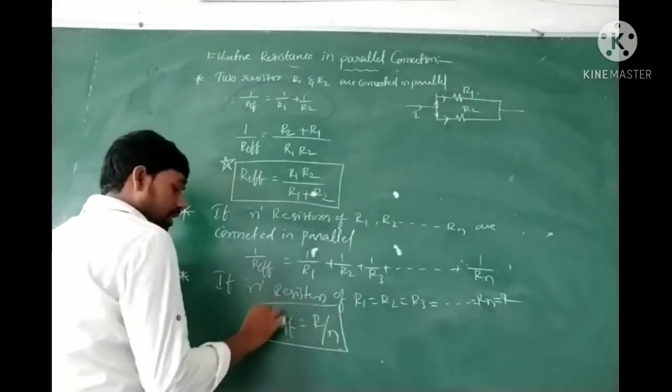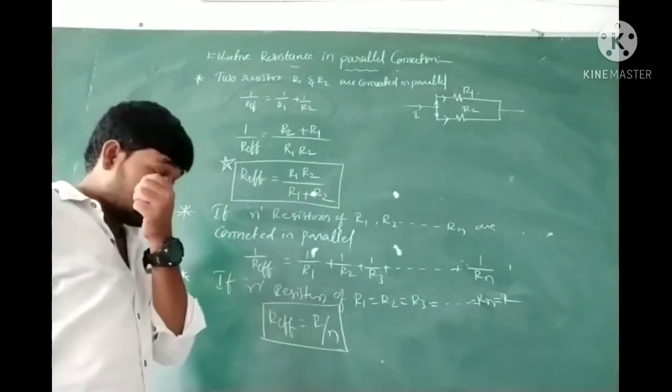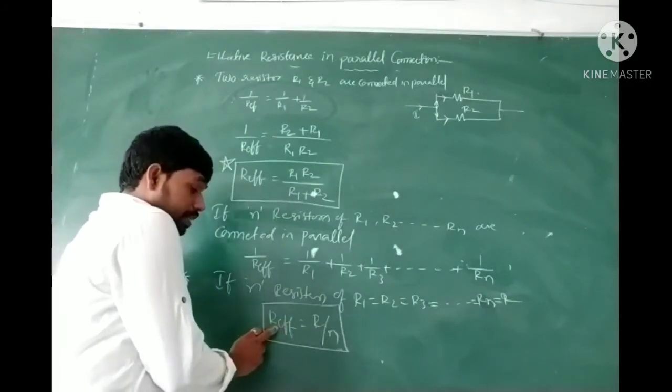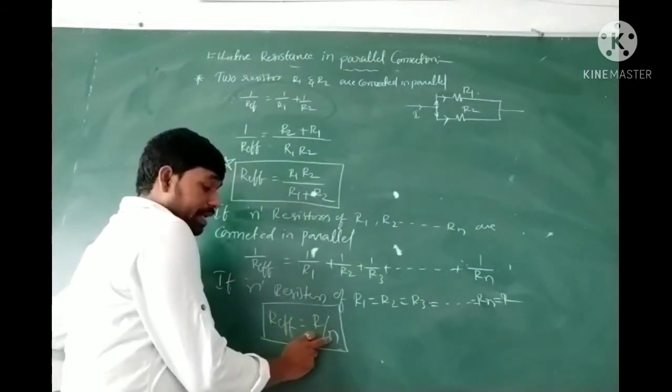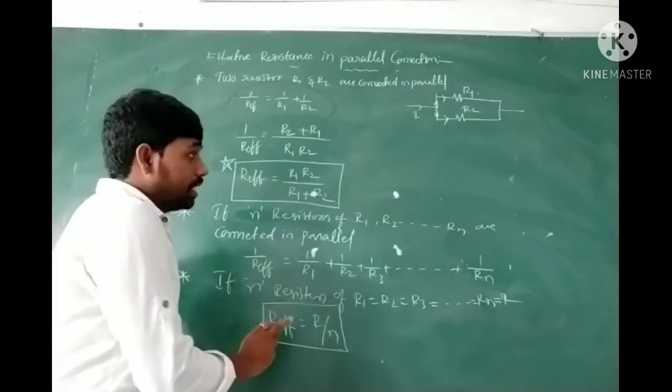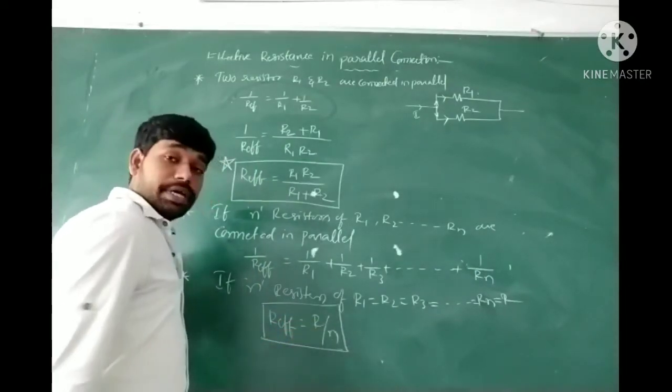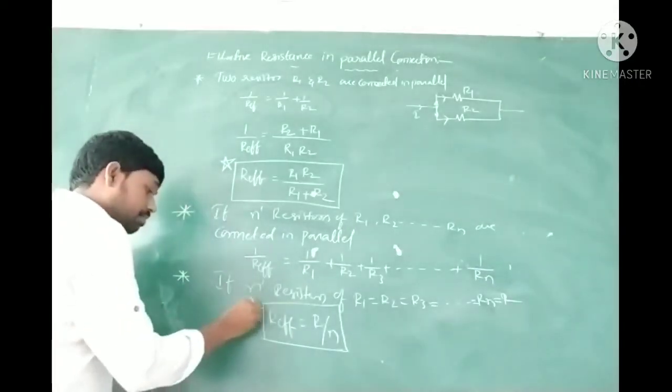The effective resistance is R by n. In a parallel connection, you have to identify this clearly. R effective is R by n. For series we saw clearly it is n into R, here it is R by n. So you have to remember this one.